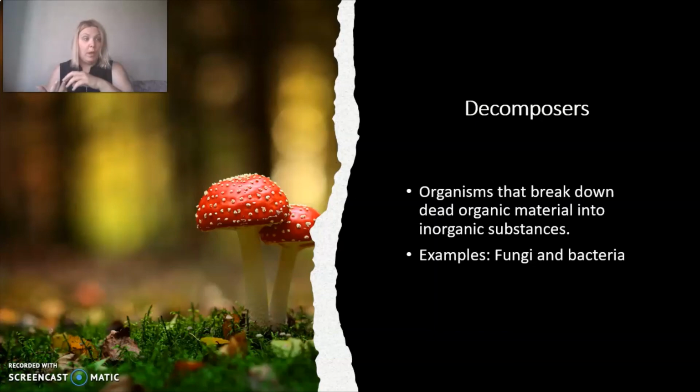Then you have a whole chain of consumers that consume each other, which means they're consuming organic matter. But eventually, all of that organic matter is going to be decomposed by decomposers that break down dead plants and animals back into inorganic substances so that the plants can start again. So the examples of decomposers are fungi and bacteria.